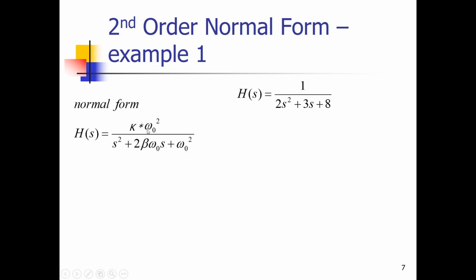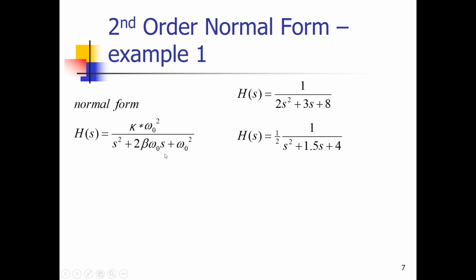So the first thing I want to do is to get rid of this value 2 over here, because then it says 1 times s squared, which is also the case in normal form. But then I have to divide this part by 2, that part by 2, and the part in the numerator by 2. So then I get 1 over 2 is 0.5 over here, divided by s squared plus 3 over 2 is 1.5 times s plus 8 over 2, which equals 4.